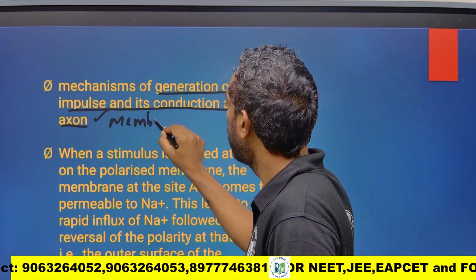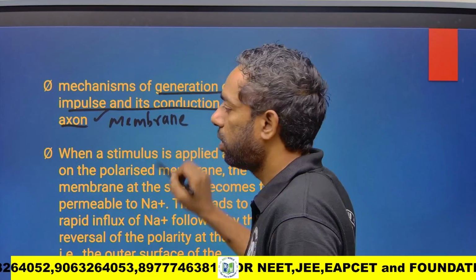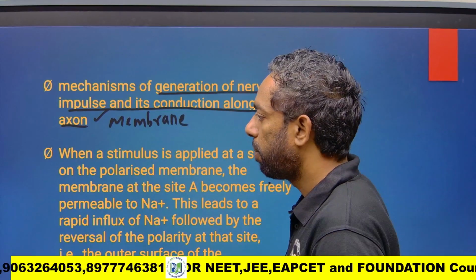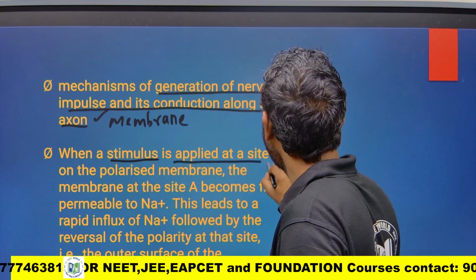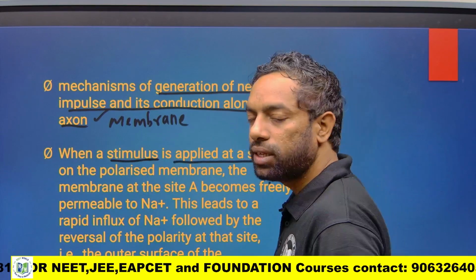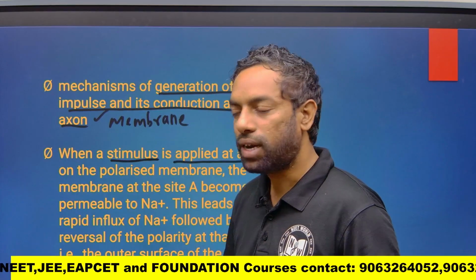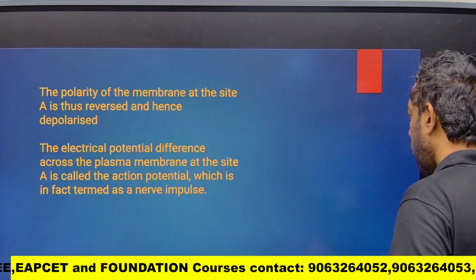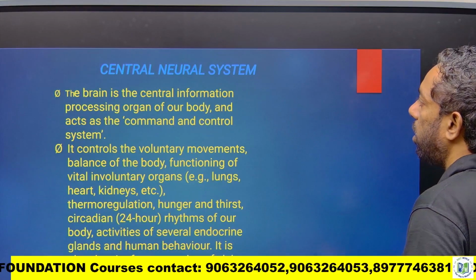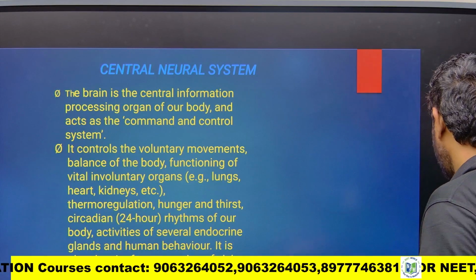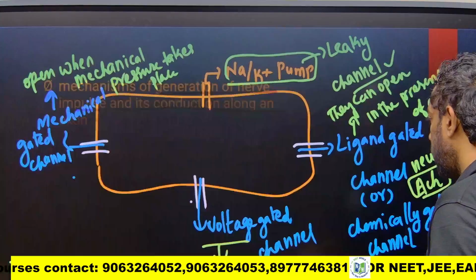When a stimulus is applied at site A, there is an axon with sites A, B, C. We are going to discuss nerve conduction and impulses.